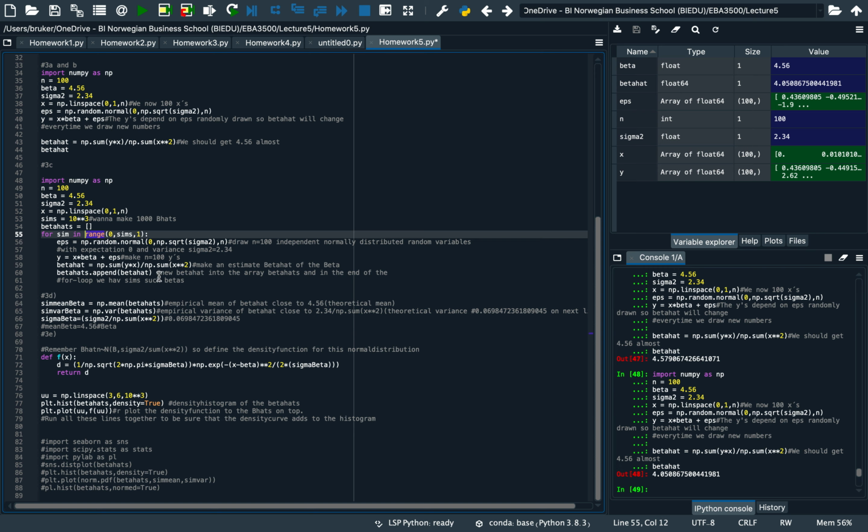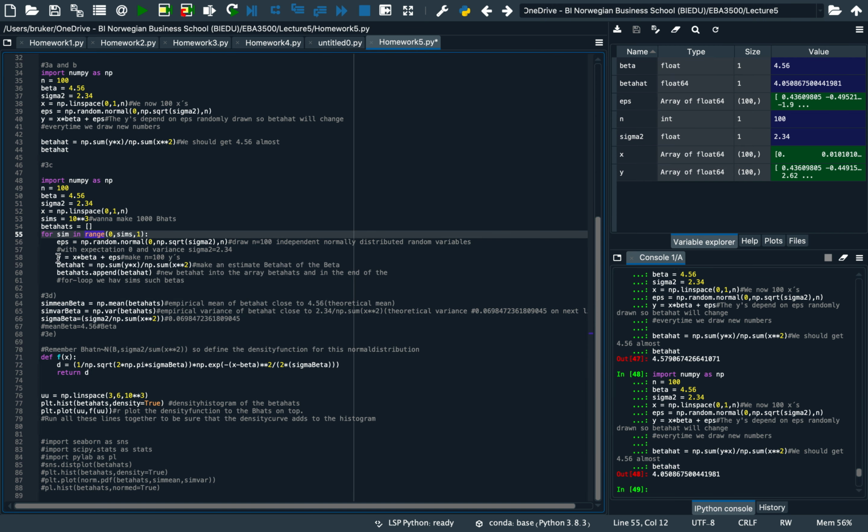And then I put this beta hat into the vector beta hats. So now the first element of beta hats is this first calculated beta hat. And when I go through the for loop a second time, I draw new 100 epsilons.